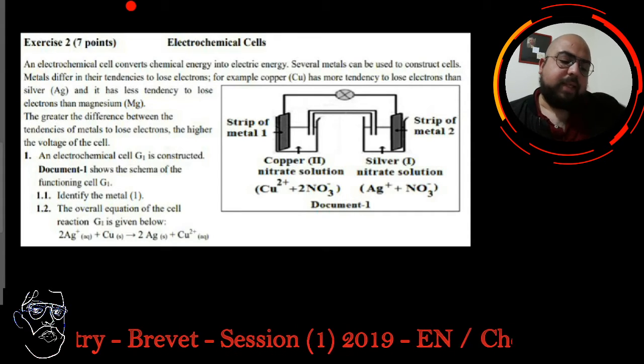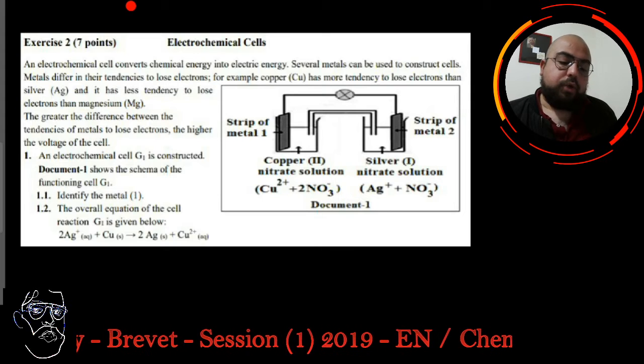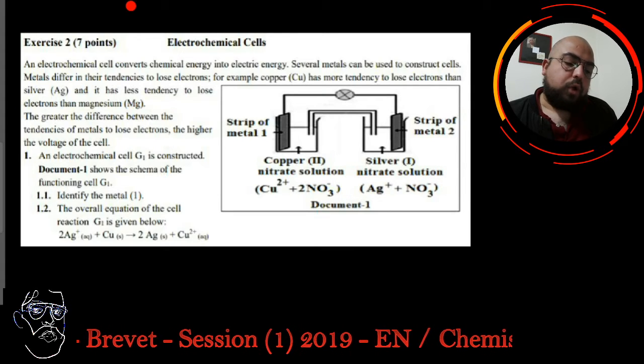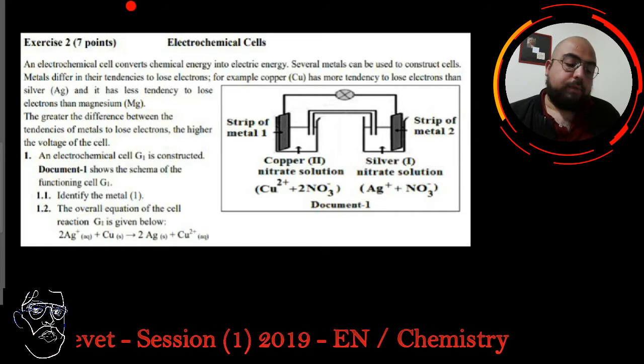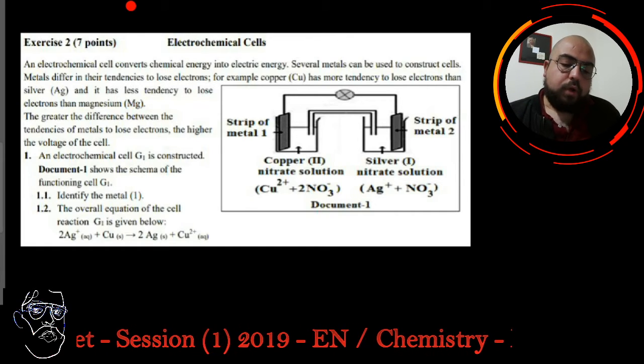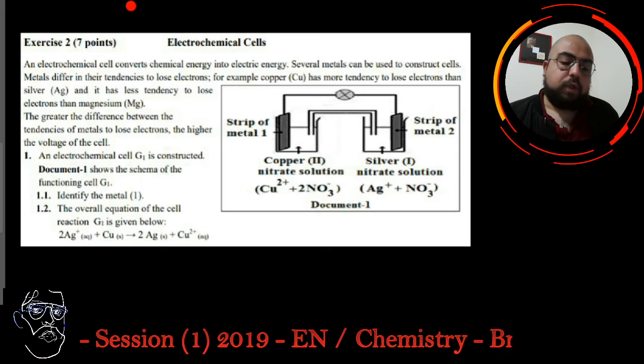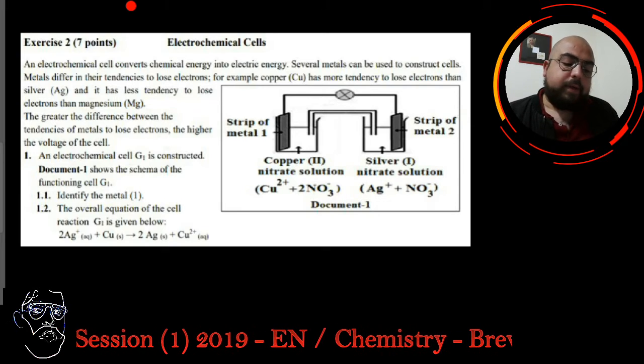An electrochemical cell G1 is constructed in document 1. Document 1 shows the schema of the functioning cell G1. Identify the metal 1.